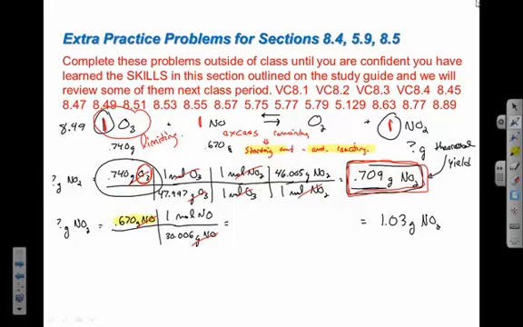Right? That just tells me how many moles of the starting substance I had in the beginning. And that number is 0.02232 moles. I've got 3 sig figs there. So that's the starting number of moles of NO.